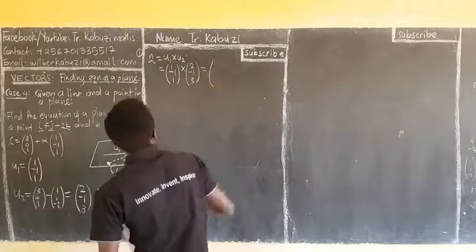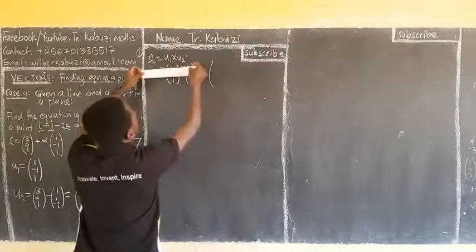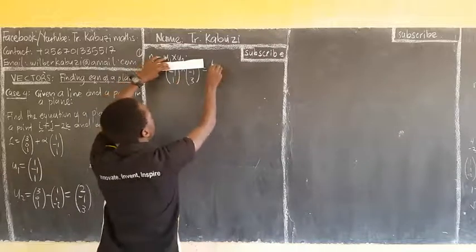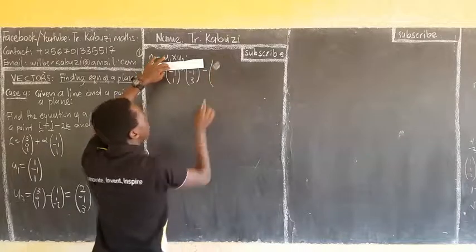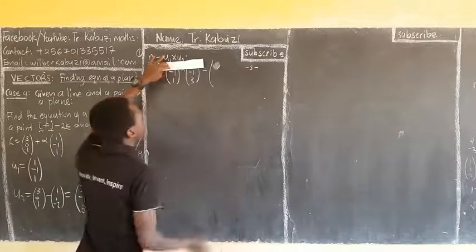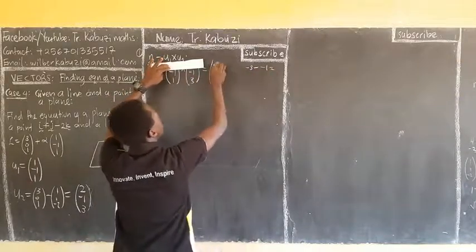Now let us cross and see. If I cover the first row like this, you remain with this times this to be negative 3, then minus this and this, which will also be negative 1, which will give us a negative 2.